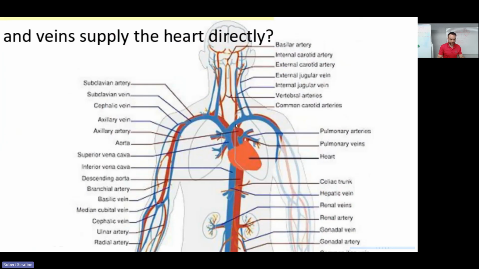Whereas here's the common carotid, and then here's the subclavian, right? Because they're just right there, because most of these structures are already on the left side, right? We have to have that little bit of extra just to travel over to the right side of the body.